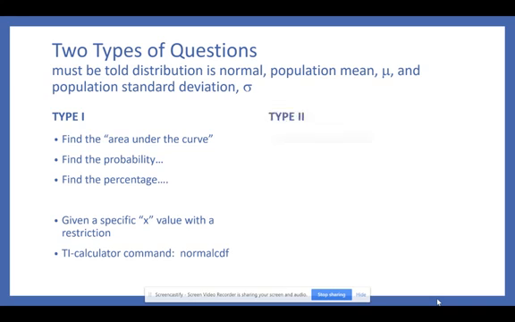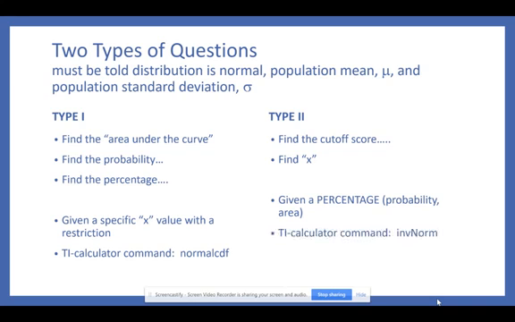Type 2, the question might say, find the cutoff score or find the X value. In the type 2 scenario, you actually start out knowing the percentage or the probability or the area, and you're trying to find what X value or what variable value would correspond to that.